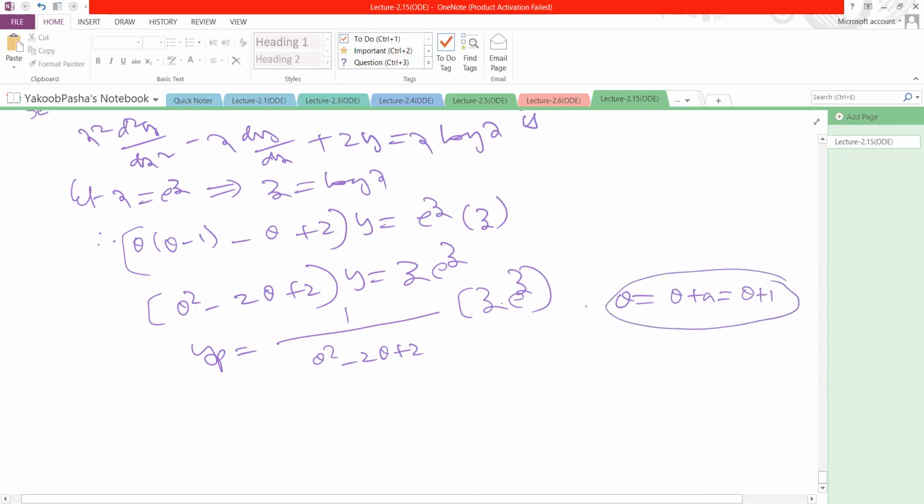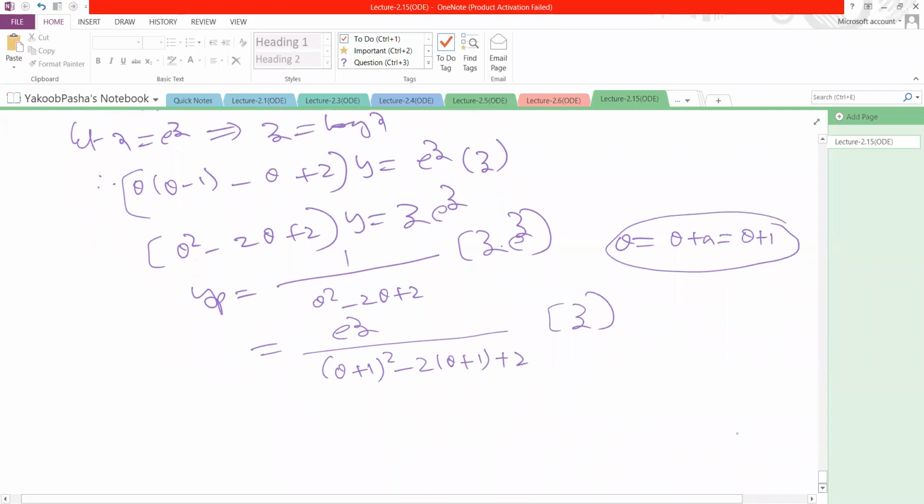When we write theta as theta plus 1, e power z goes to this side. That means e power z divided by theta plus 1 whole square minus 2 into theta plus 1 plus 2, into z. Now we have to simplify for z only.